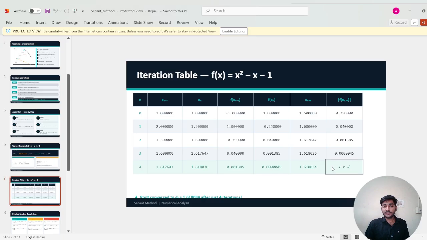At this step we get the value of f of x(n+1) less than e, so we will print that 1.61747 is our answer after the four iterations, and this is my answer, and we will stop here.